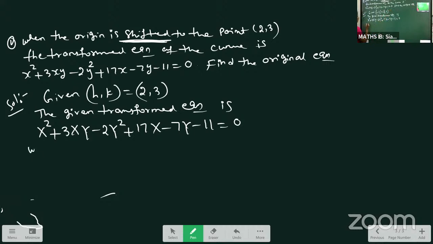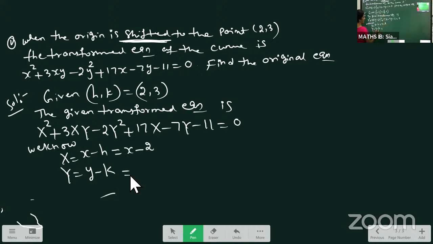So what do we know? Capital X is equal to small x minus h and capital Y is equal to small y minus k. Substitute the values. The x minus h value is given as 2, and capital Y is small y minus k, the value given is 3.